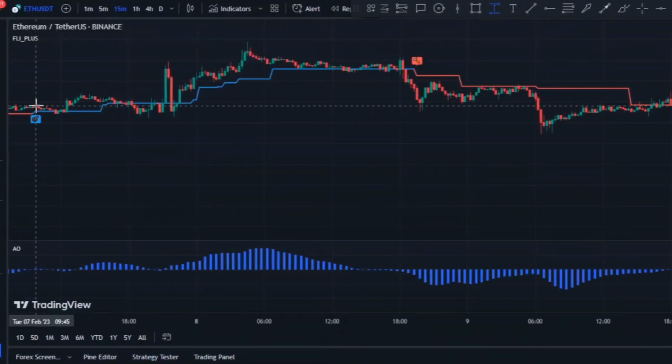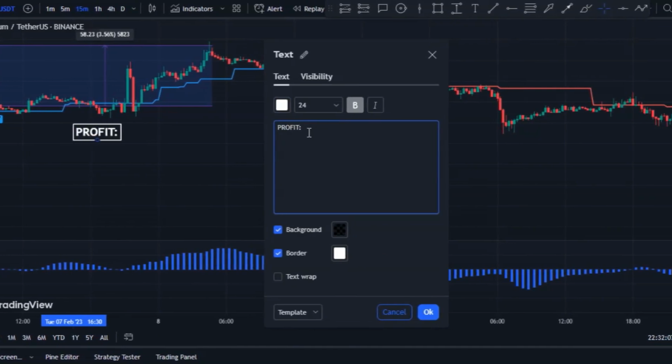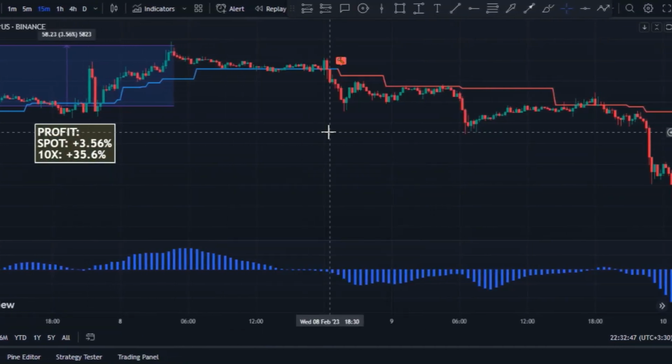Now let's evaluate the performance of the strategy by looking at the past trades. But keep in mind that the strategy is not completed yet.